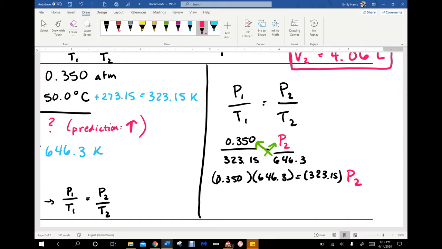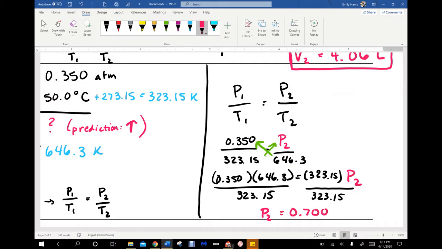All right. Then again, it becomes more clear as to what we need to do to solve. So we'll divide both sides by 323.15, and then we'll solve it out. So 0.350 times 646.3 divided by 323.15. And that gets us, for P2, 0.7.